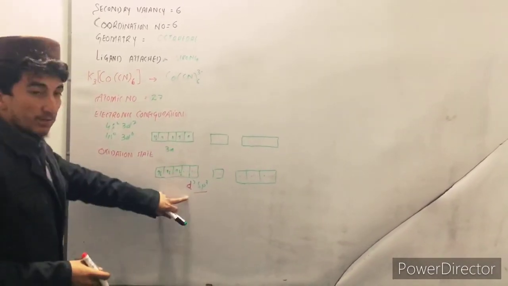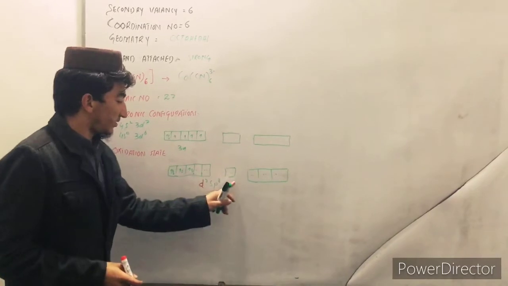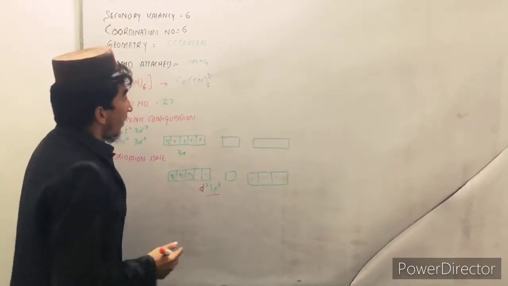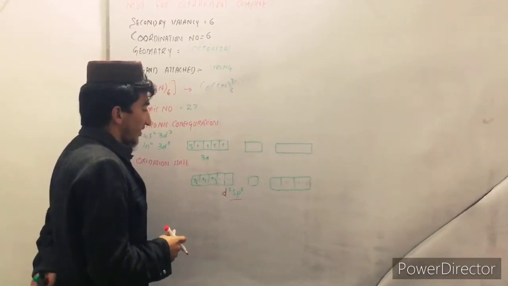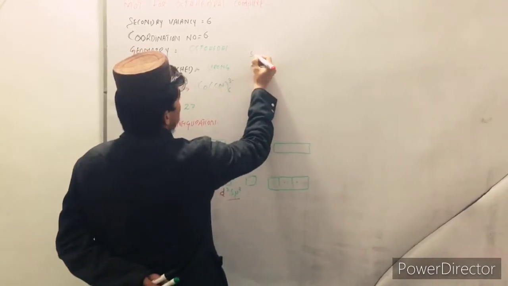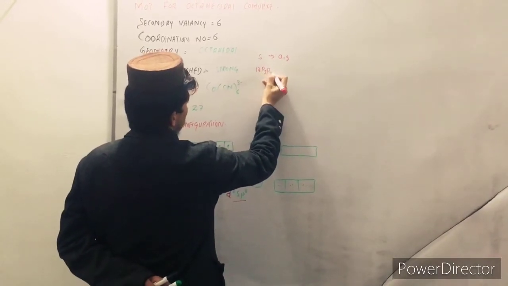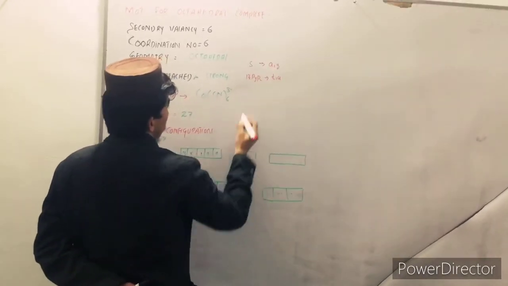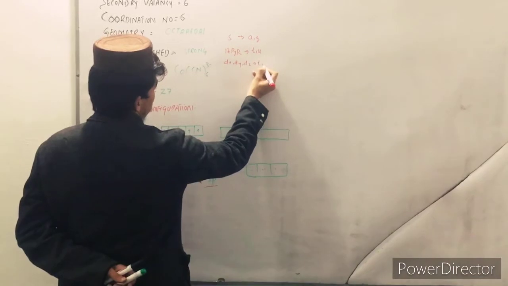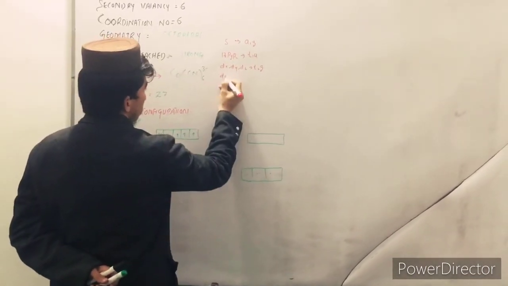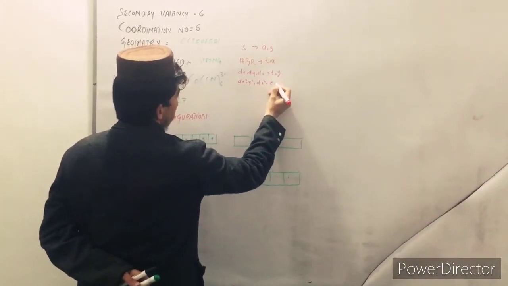Now we are going to talk about the MOT of this. As you can see, there is the presence of dz square, dx square minus y square, s, and 3p. If you know about the group theory designation, then we call s as A1g, px, py, pz as T1u, dxy, dyz, dxz as T2g, and dx square minus y square and dz square as Eg.